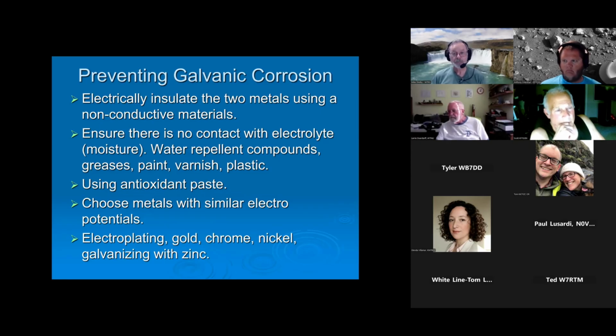So, preventing galvanic corrosion. Electrical insulation: electrically isolate the two metals using non-conductive materials. So if you have two guys that are going to fight together, like aluminum and copper, and you're going to bind them together, you can put a non-conductive material in between that will keep them from fighting with each other.